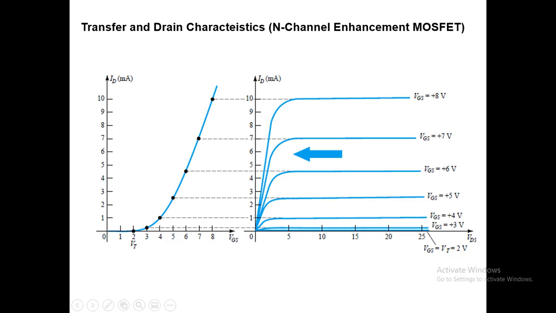If you increase the gate source voltage, the width of the channel increases due to the increased accumulation of charges in that induced channel. So if VGS is increased, the width of the channel is increased, and due to this the drain current magnitude also increases. It indicates that if VGS increases, ID goes on increasing.